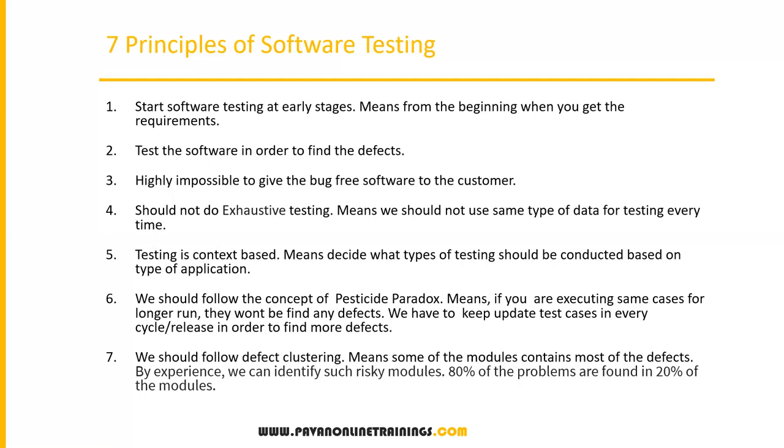Because there are some underlying defects, guys, which we cannot find during testing. Those bugs will come out after using the software for 3 months, 6 months, or sometimes 1 year. It is very, very difficult to find underlying defects. So we cannot deliver 100% quality, a bug-free product. It is highly impossible to give bug-free software to the customer.